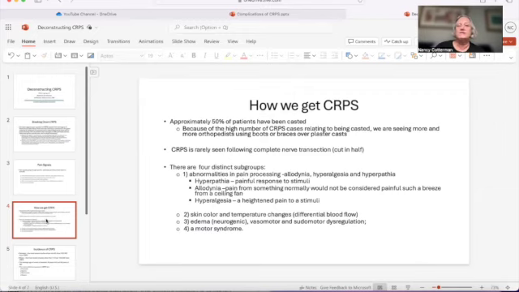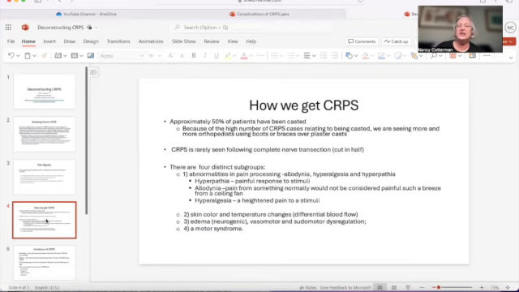There are 4 distinct subgroups: abnormality in pain processing, allodynia, hyperalgesia, and hyperpathia. Hyperpathia is a painful response to stimuli. Allodynia is pain from something that normally would not be considered painful, such as the breeze from a ceiling fan.